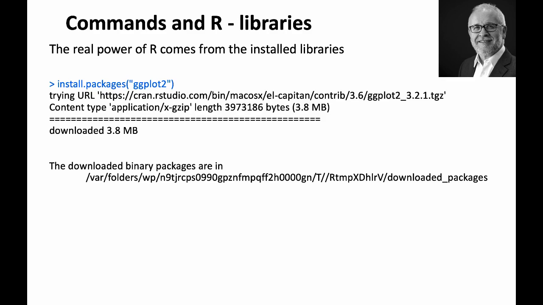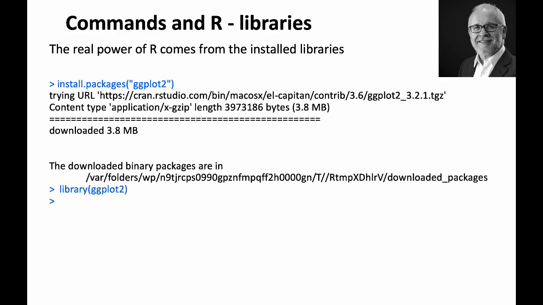So the power in R, as I said earlier, comes from the libraries, not just from the built-in commands. One of the libraries that you'll see used a lot is ggplot2. For some reason it's frequently called ggplot. Quite often when we call it, the individual subroutines are ggplot, but the package is ggplot2. So we go install.packages and it will pull that down from the website.